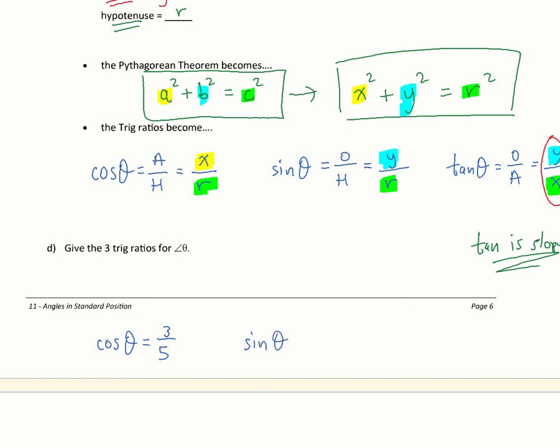Sine of the angle is 4 over 5, and tan of the angle is the rise over the run, the y over the x, or the opposite over the adjacent, all the same thing, 4 over 3. That's a lot of things written down, which is basic, but let's not forget that this is basically just trigonometry with a triangle and the Pythagorean theorem. We're just giving new names to everything and making connections to the grid.